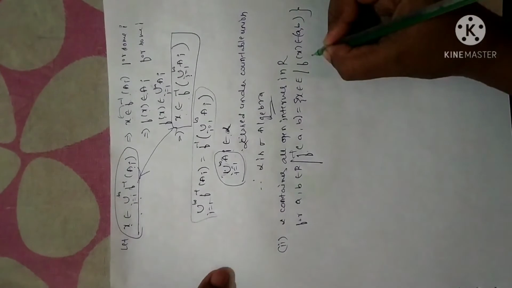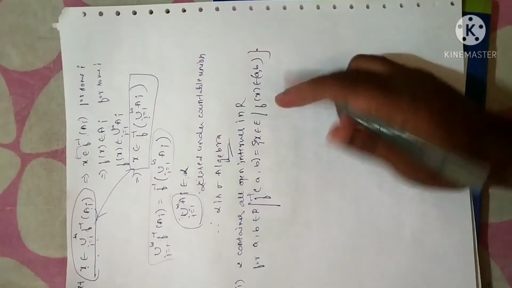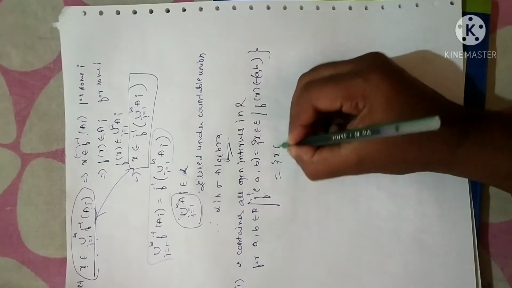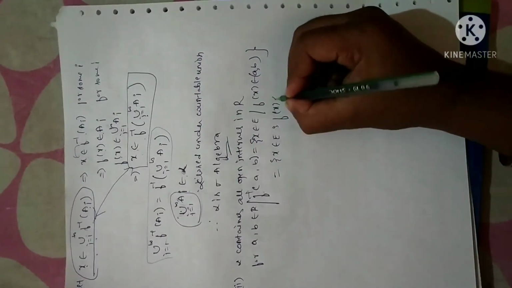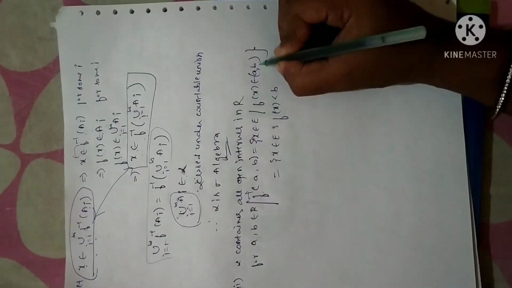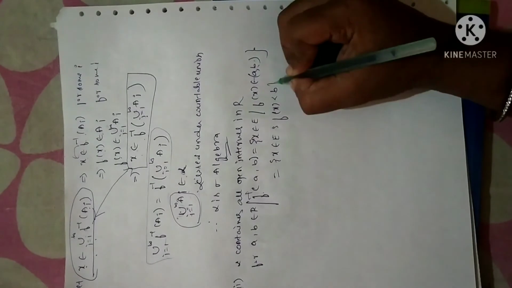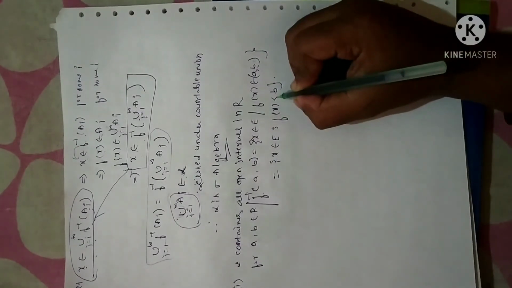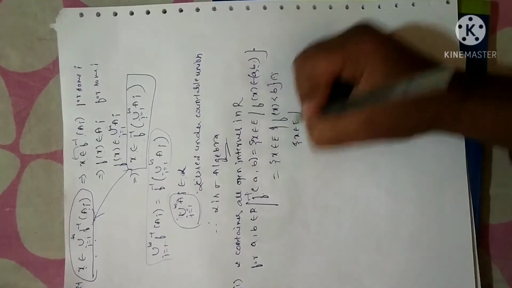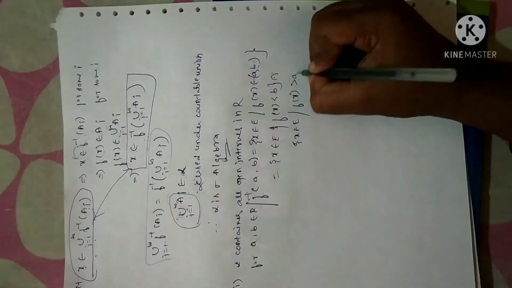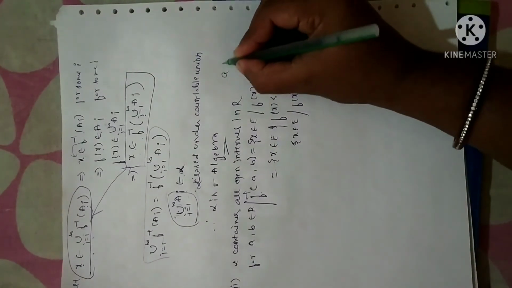You should revise the basic definition of a measurable function. Now I can express this as an intersection. F of x belongs to (a,b) means F of x is between a and b. So I can write this as the set of x in E with F of x less than b, intersection the set of x in E with F of x greater than a. When F of x belongs to (a,b), it means a is less than F of x less than b.